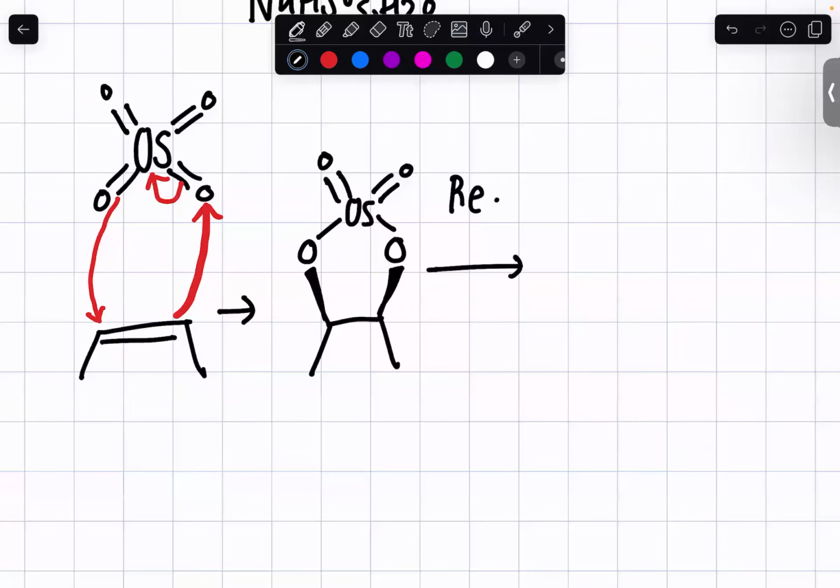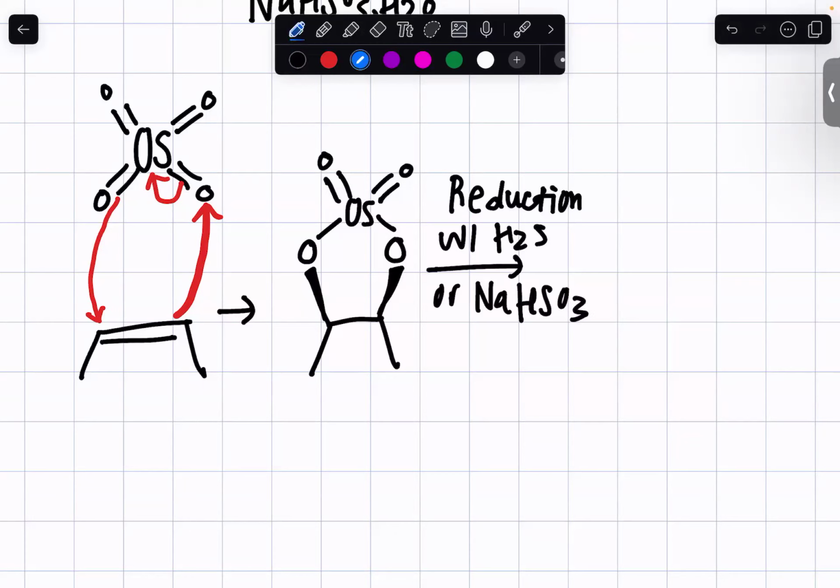You do the reduction with H2S or NaHSO3, which just cleaves this osmium out and puts hydrogens there. But the bonds here stay the same. Since those are wedges, these would have to stay as wedges and put an OH there, which is why this is syn addition, right?